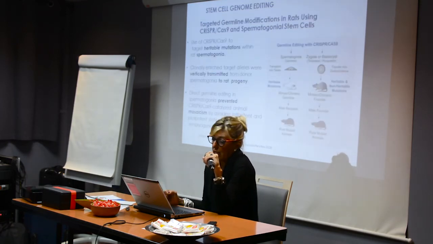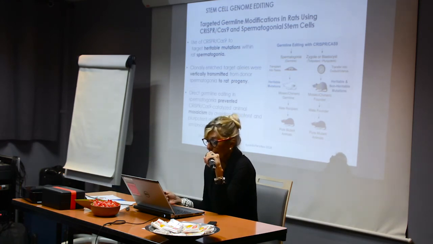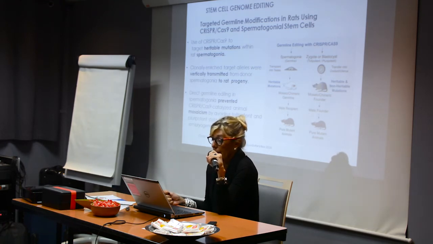Another model that has been used for spermatogonial stem cells is the rat model. In that case, they used CRISPR-Cas to target heritable mutations within rat spermatogonia.